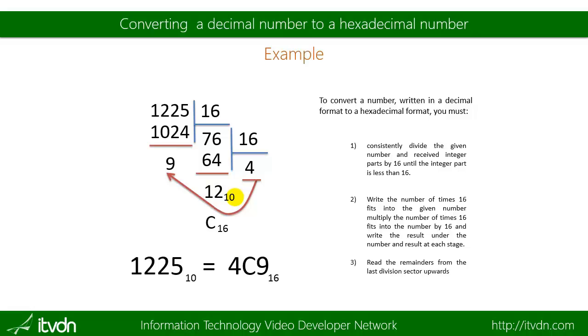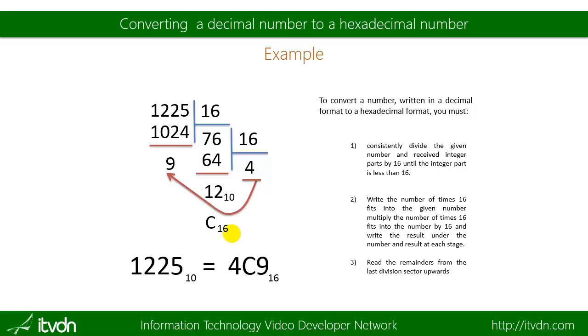But then again, in the hexadecimal system, 12 doesn't exist like 1, 2. So what exists is C. C is what we can use to represent 12 in the decimal system. So here I'm calculating in the decimal system, I have 12, and 12 base 10 is equal to C base 16.